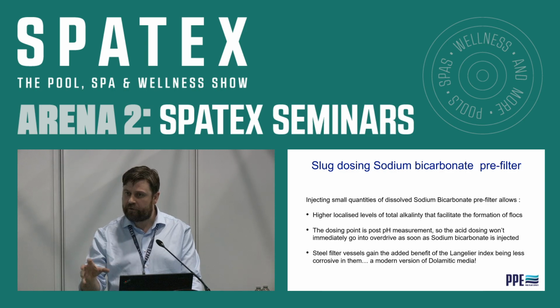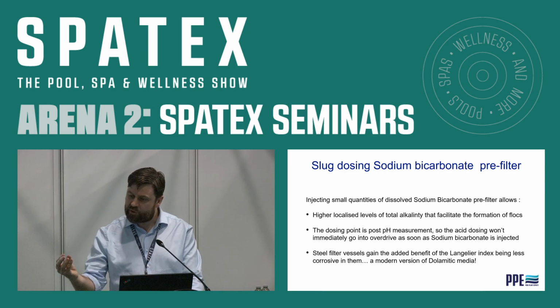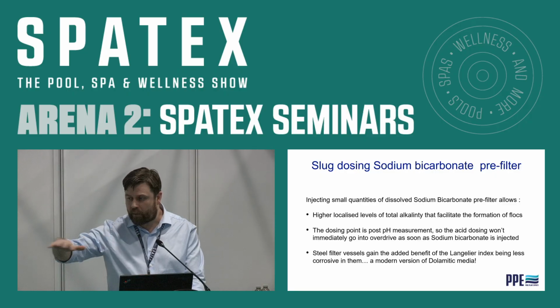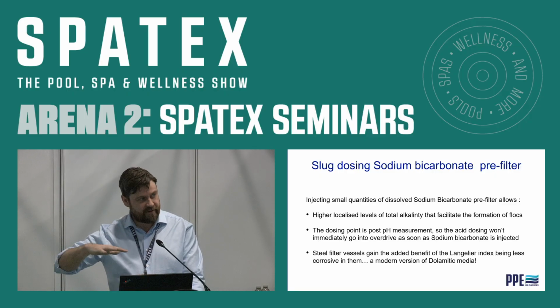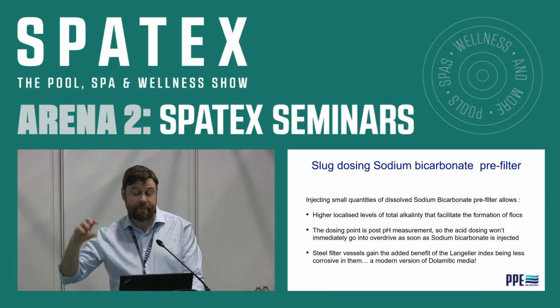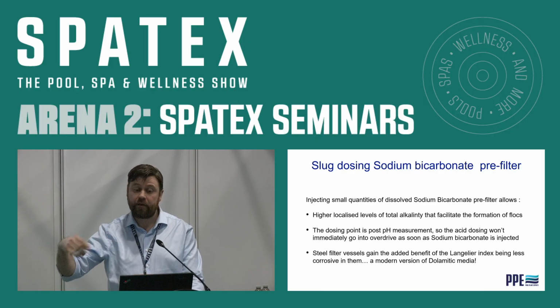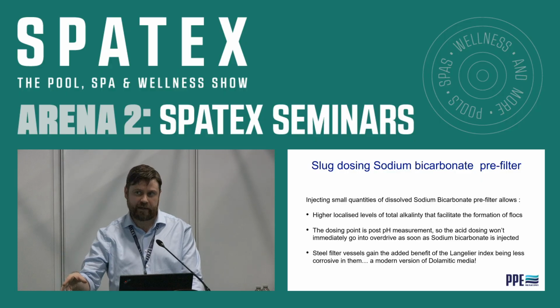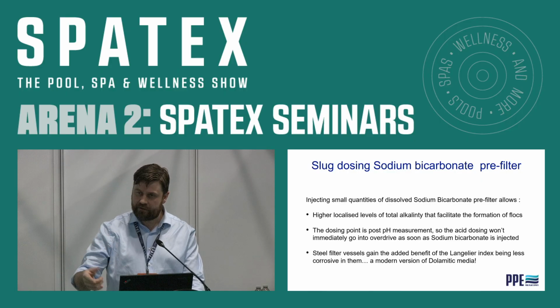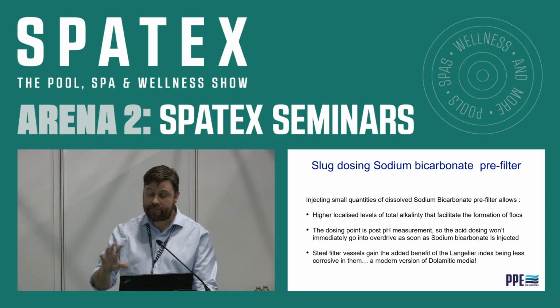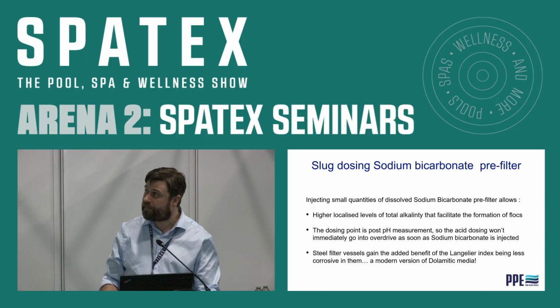So what they used to use is dolomitic media, which would be crushed up, almost like limestone chips that would go into an actual filter vessel itself. And what would happen is every time it got a bit too acidic with the chlorine gas overdosing, then it would actually neutralize the acidity with the dolomitic media. So if you've got steel filter vessels, it can also be a benefit adding the sodium bicarbonate at that point.